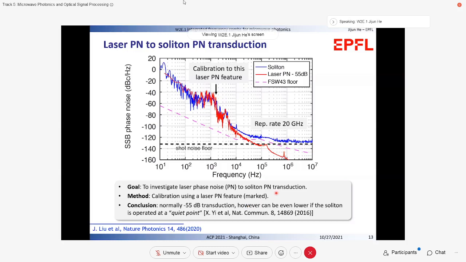By operating the laser detuning at the so-called quiet point, this transduction value can be even lower due to the canceling between the Raman-induced soliton self-frequency shift and the dispersive wave recoil. The details of the quiet point can be found in this paper.